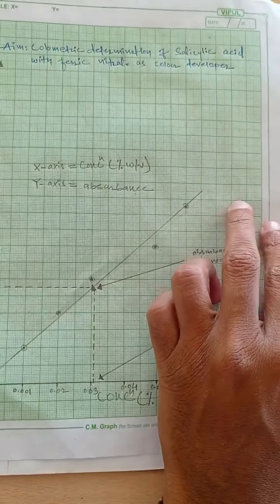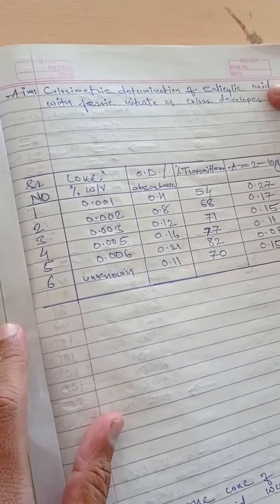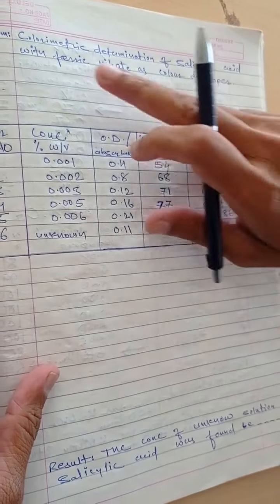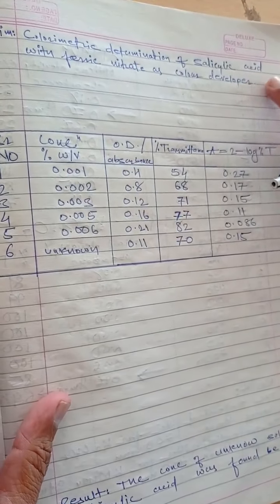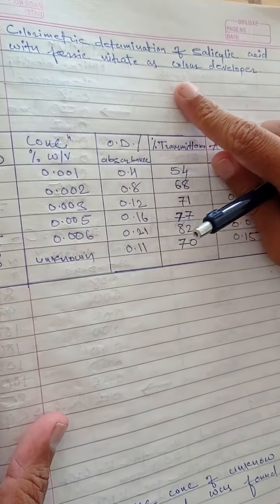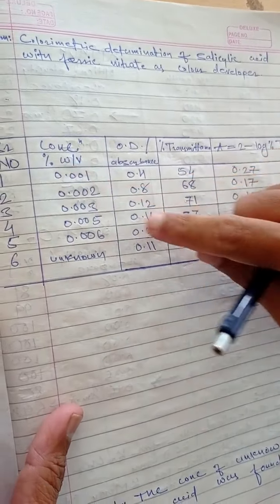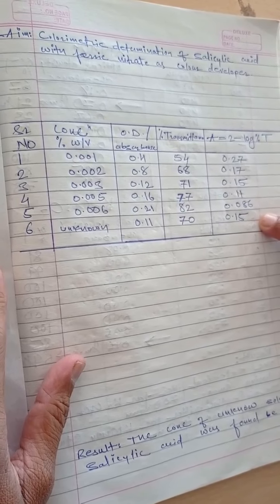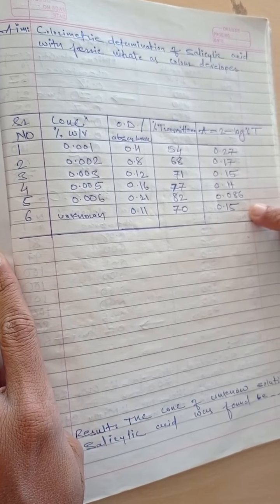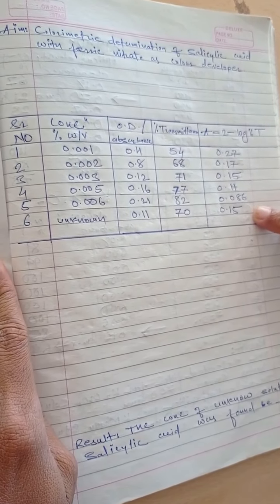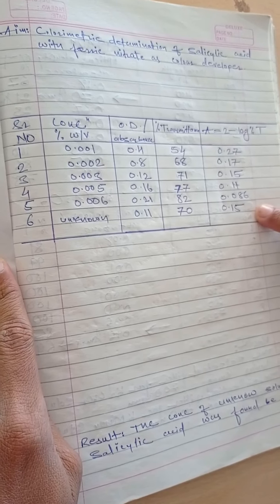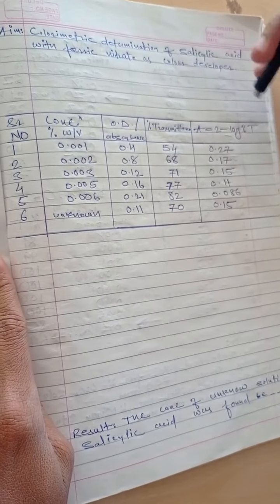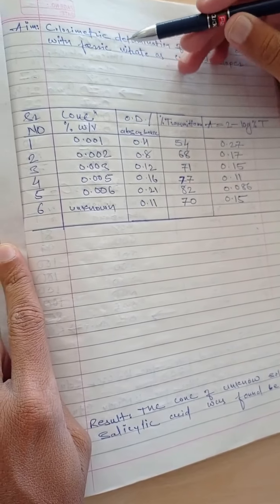So dear friends, these are the tables, observations and results for the colorimetric determination of salicylic acid with ferric nitrate as a color developer. As we have discussed, we have performed the experiment with different concentrations of percent weight by volume of salicylic acid with ferric nitrate.